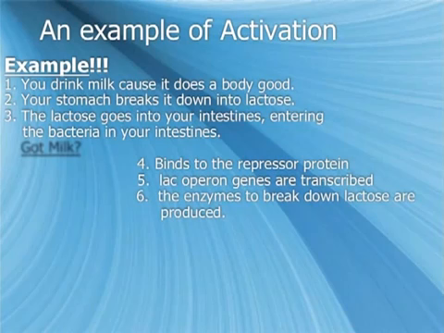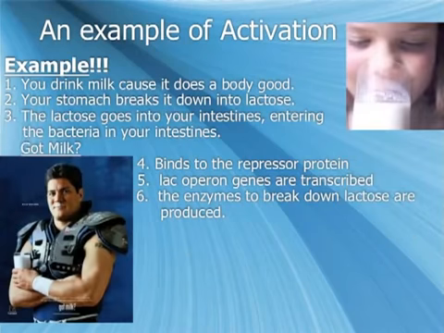So the RNA polymerase is able to go through and transcribe and then translate those enzymes that break down lactose. So the enzymes that break down lactose are produced, and therefore lactose is able to be broken down. So it's all controlling itself, which is a huge bonus of this whole process. There are some genes that are constantly turned on and actually need to be stimulated to be turned off.